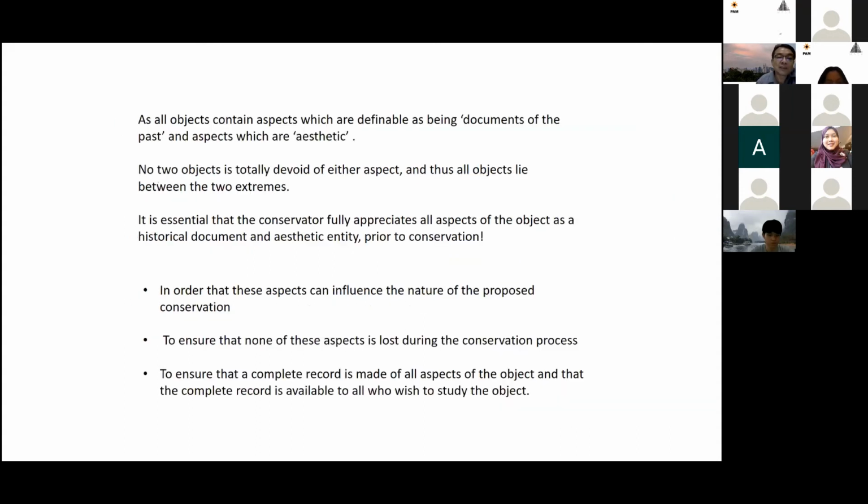So, all objects contain aspects which are definable as documents of the past. This is it, the building you see. You go to Jalan Tang Si, I think most of you know Jalan Tang Si now, the old PAM office. It's a document of the past. You go into the building and say, wow, look at the tiles, look at the wall, look at the tingkap, look at the roof.